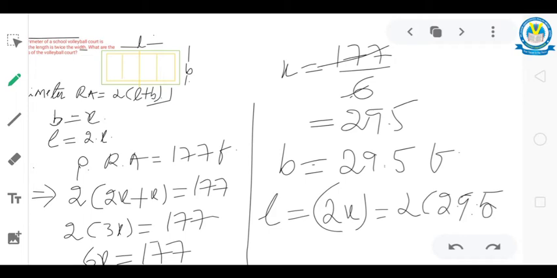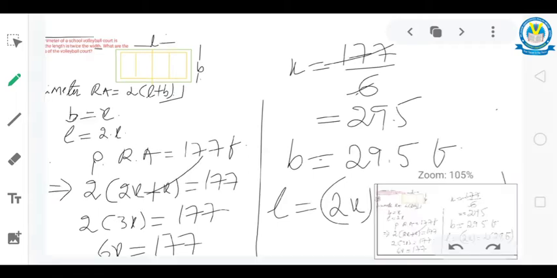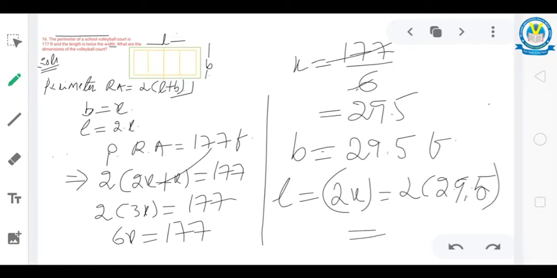Half of 1, 29, 1 plus 30, 32, 60 minus 1, so 59 is the answer. 59 feet. So breadth 29.5 feet, length 59 feet. Okay, clear?